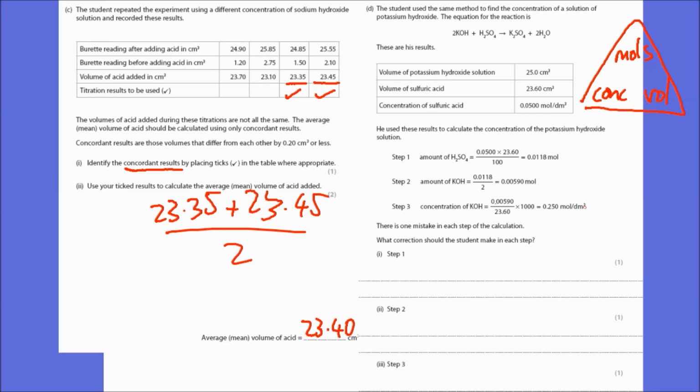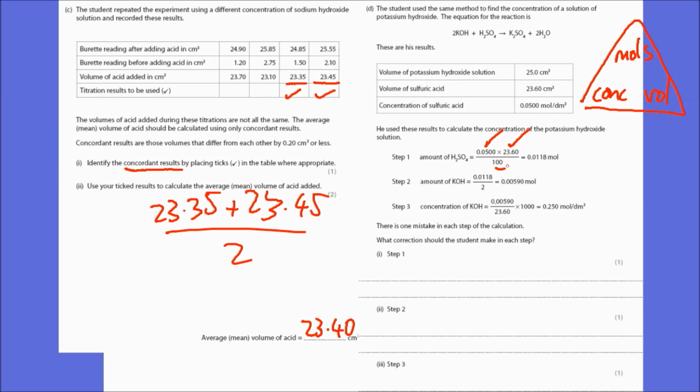So, the mistake in step 1. Well, what they've got here is, well, this number here is the concentration. Is that the correct concentration of sulfuric acid? You might need to go back to the previous slide to check it out. It is. Is that the correct volume of sulfuric acid? Well, the volume's up here, as is the concentration. Yes, that's right.